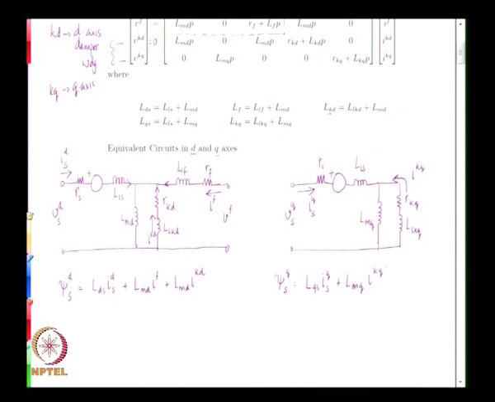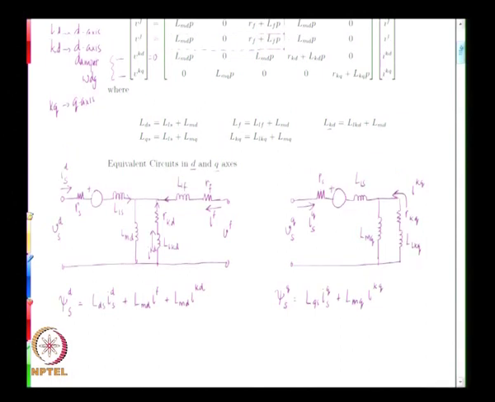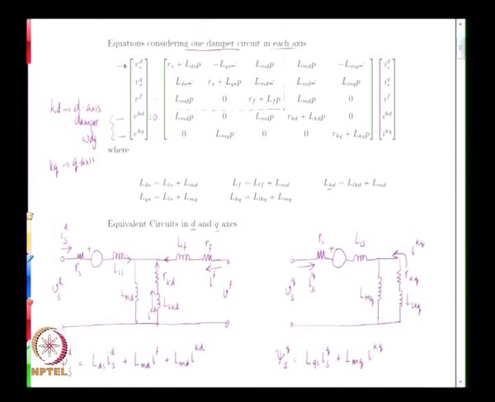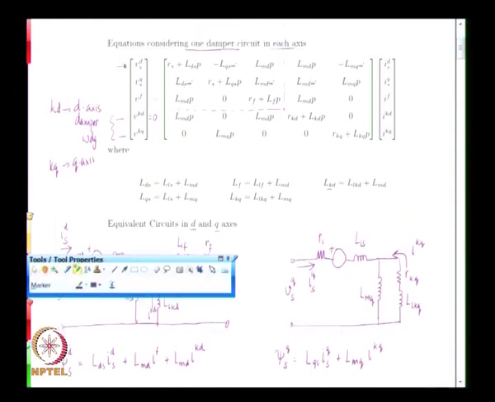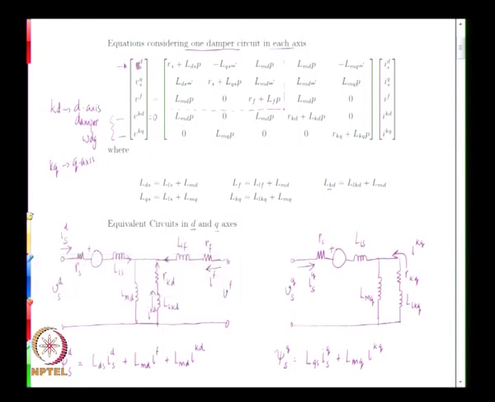Now, with this, if you look at the first equation, you can see that VDS consists of RS IDS and then the speed EMF terms.